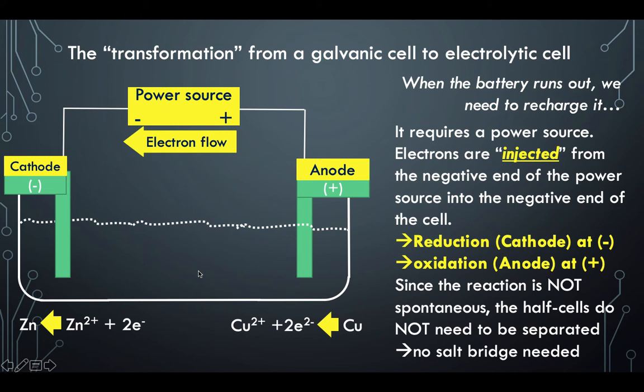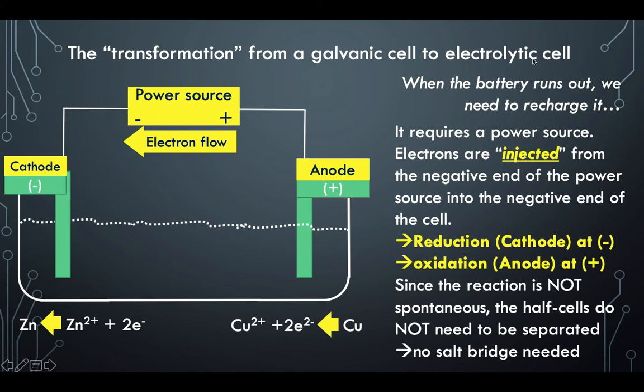So now the galvanic cell is transformed into an electrolytic cell, where the flow of electrons is in reverse compared to a galvanic cell, and also the cathode and anode are in reverse. There are no more two half cells, they're just one cell. And you must connect to a power source to be able to do this transformation.